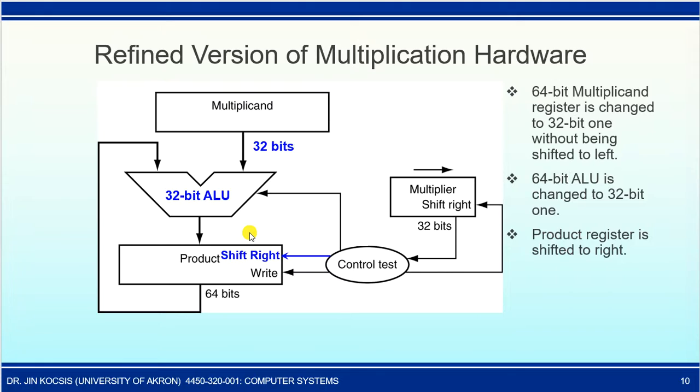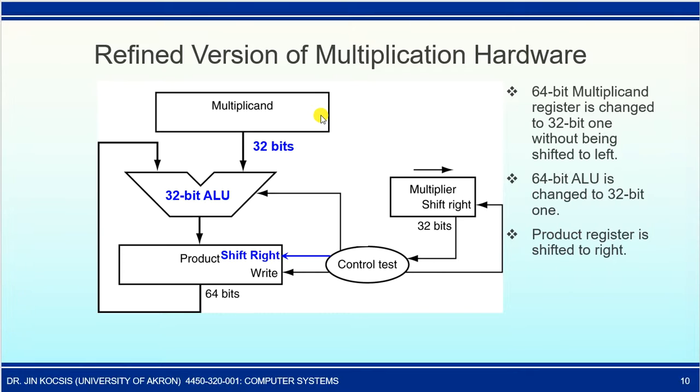That is how we get the refined version of the multiplicand hardware. Basically, instead of shifting the multiplicand register to the left by 1 bit, I will shift the product to the right by 1 bit. By doing so, I do not need to give the multiplicand register an additional 32 bits of room to avoid losing important bits during the shift, because there is no shift anymore.